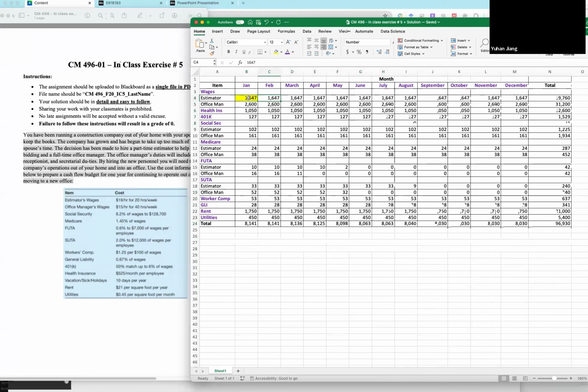Remember this number is the same as before. The estimator is part-time, 20 hours a week times $19 an hour, and one month is about 4 weeks. And then you get this number.